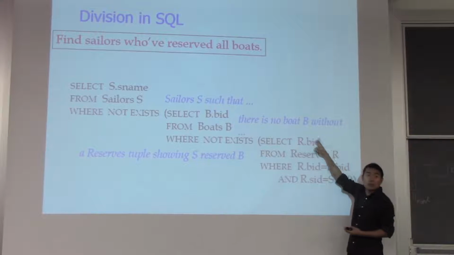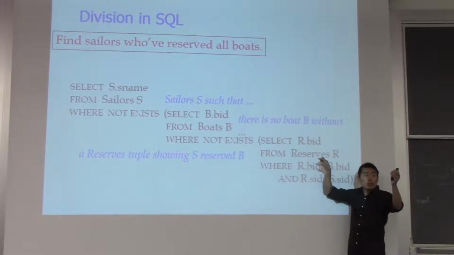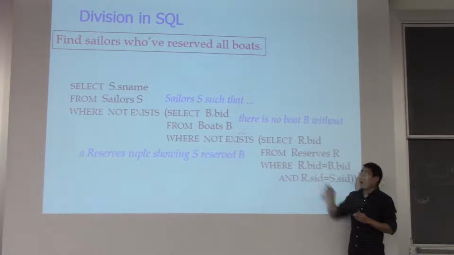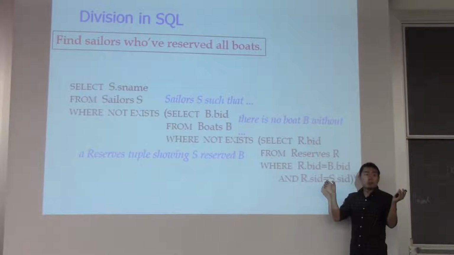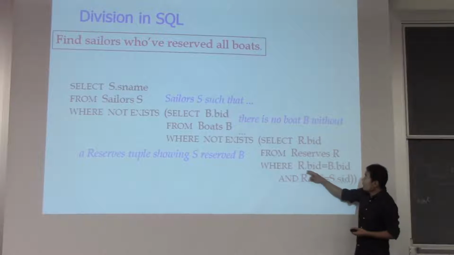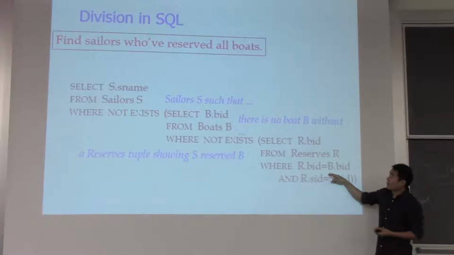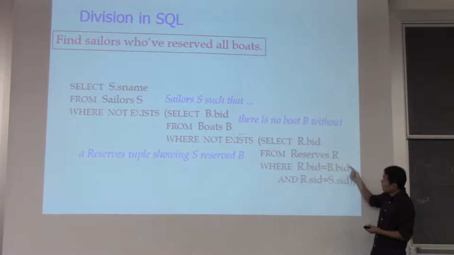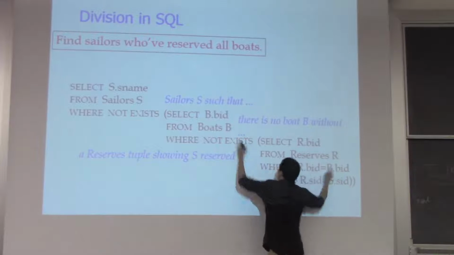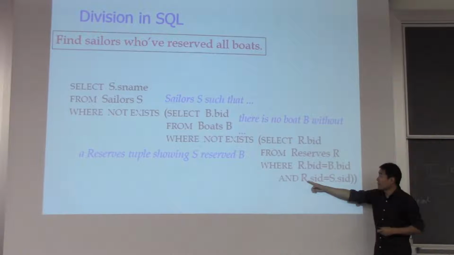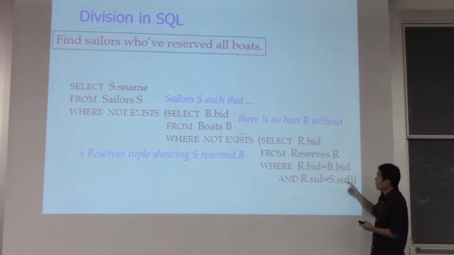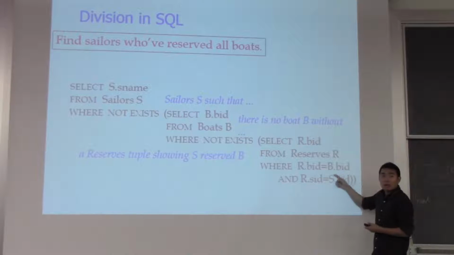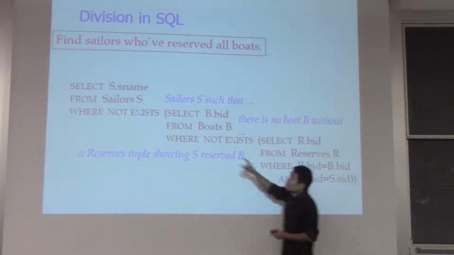The whole reservation record, or anything that's part of the reservation record, will work. From the reservation, you check if the boat ID of the reservation equals the current boat, which is from here, and the reservation sailor ID equals the current sailor, which is from here.